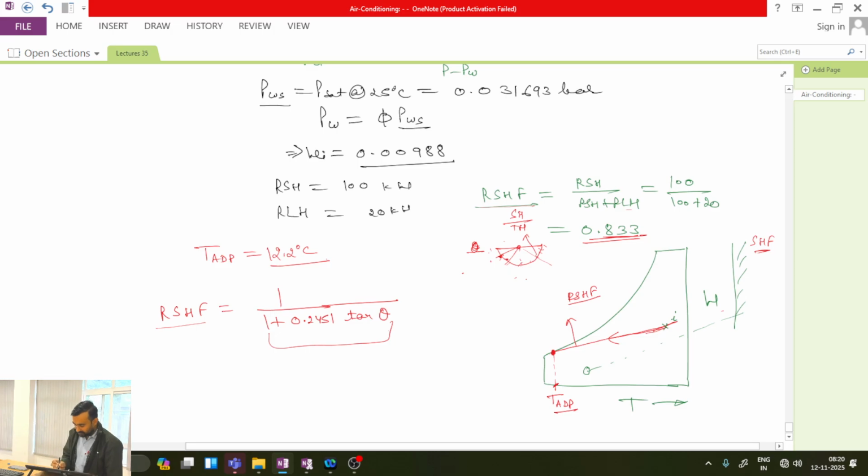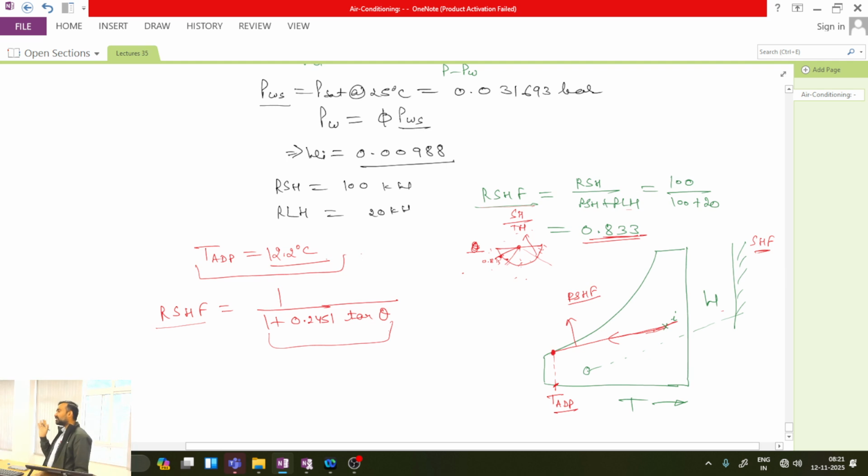Say the ratio of SH by TH is given, then somewhere over here you will get the value as 0.833. Parallel to this, you need to pass a line such that it passes through your indoor point. All are clear with this point? So if I have to use the psychrometric chart, the calculation of TADP is very simple.